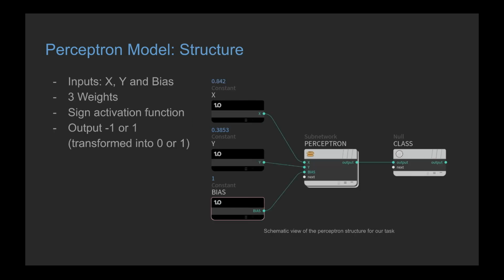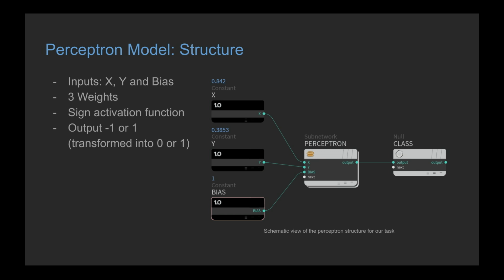And this is how the perceptron would look. So again, we have 3 inputs. One of them is the x coordinate, the other is y, and the third one is something called bias. It's just there for the case where we would have both x and y equal to 0. We don't want to get 0 out of our perceptron. We want it to be at least some number. So this is why we have this.